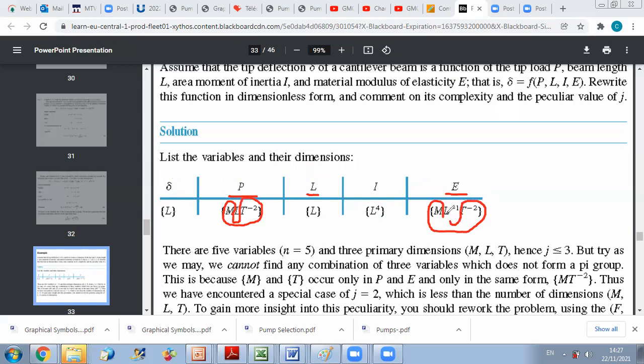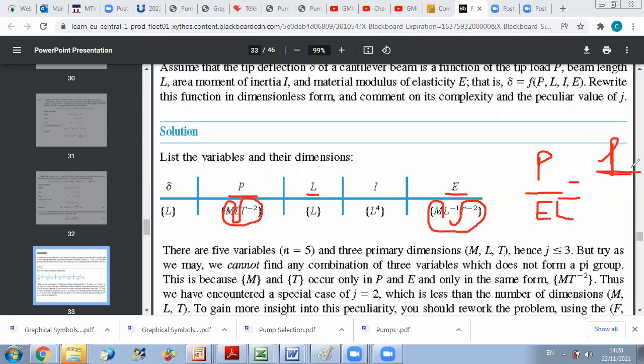And to cancel L^-1, all I have to do is the proper combination with L. So I multiply by L. This means if I do P over E, okay, what do I get? I get the unit L. So now if I divide by L, P over E L, I will get dimension 1. So they form a group.